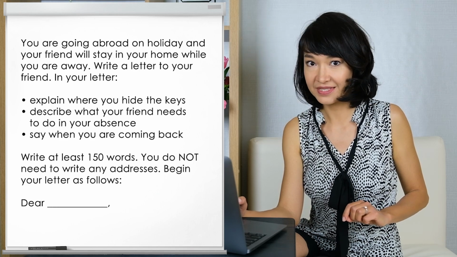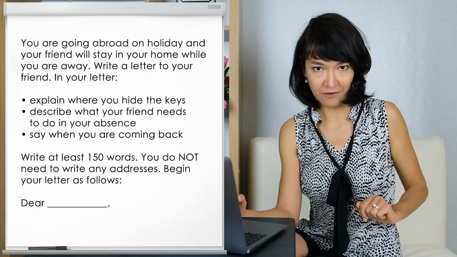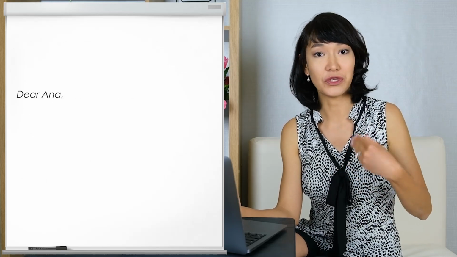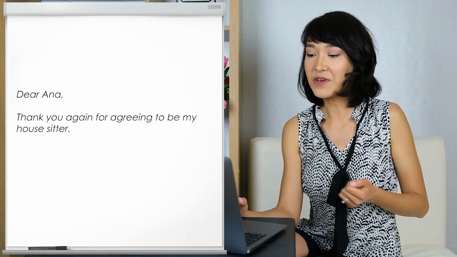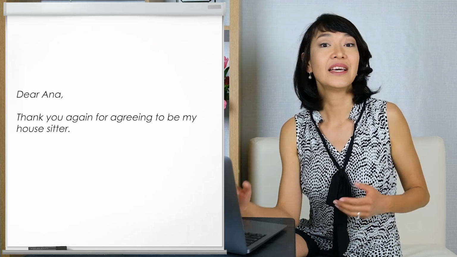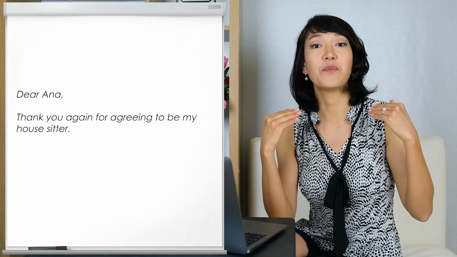Dear, and here is the beginning of my letter. Dear Anna, I'm writing to a friend, so I use the first name and I put a comma. Thank you again for agreeing to be my house sitter. So this very short sentence already gives the purpose.